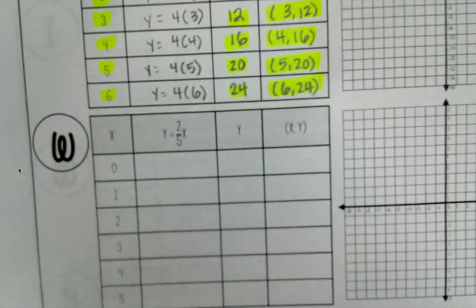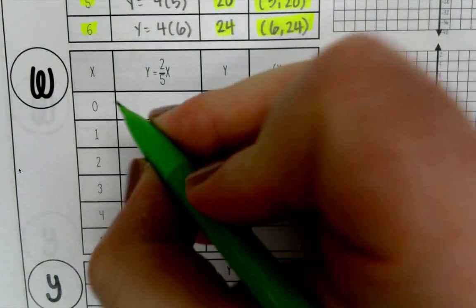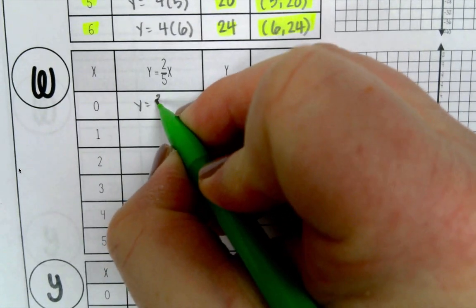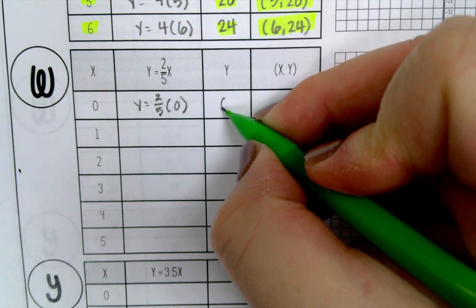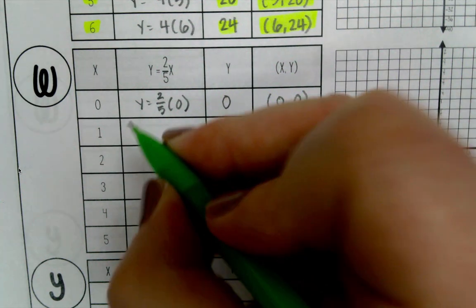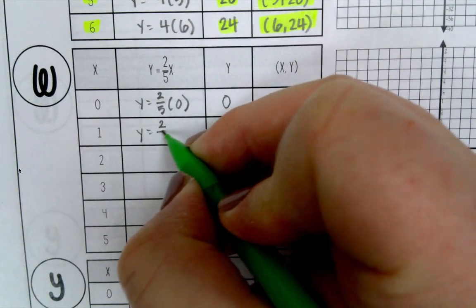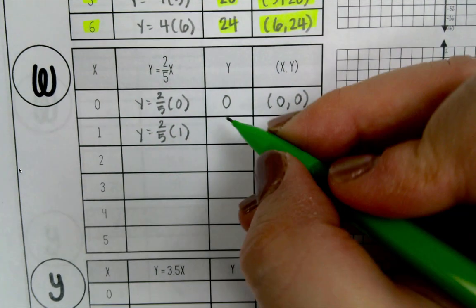So, this next one, you can always use your calculator because now I have a fraction. I'm multiplying a fraction. So now I have y equals 2/5 times 0. We know anything times 0 is 0, so my first ordered pair is going to be 0, 0. Y equals 2/5 times 1, and we know anything times 1 is itself.